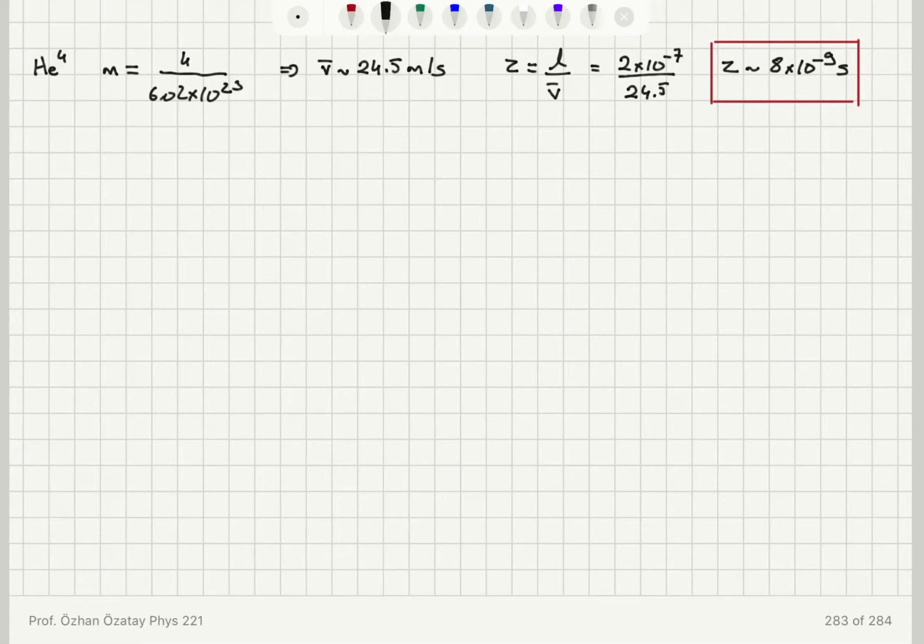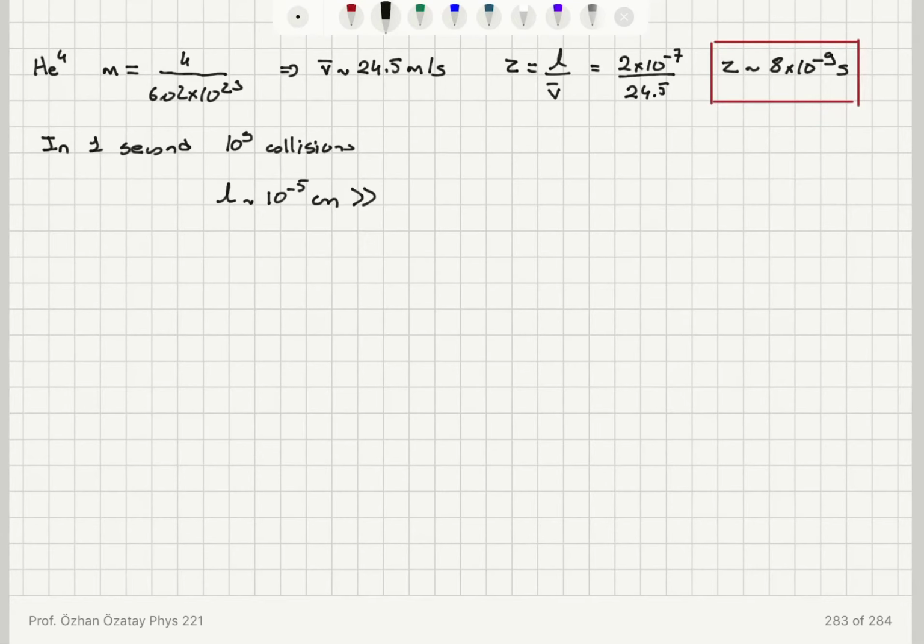So basically this says that in 1 second we're going to have 10 to the 9 collisions for one molecule, and the mean free path L is roughly 10 to minus 5 centimeters.